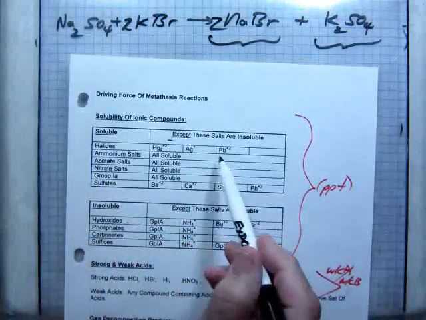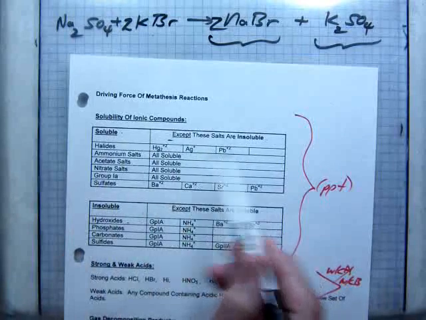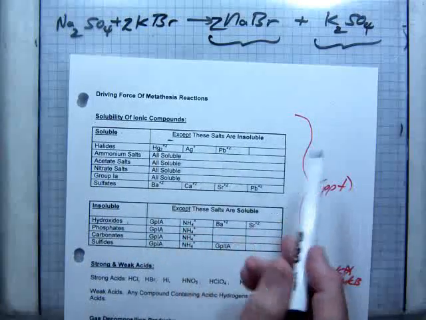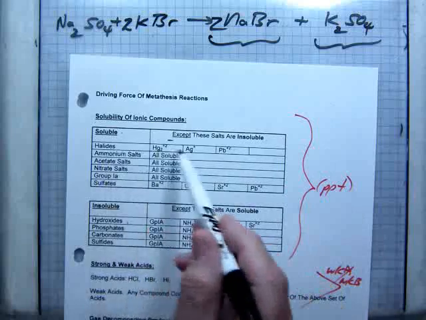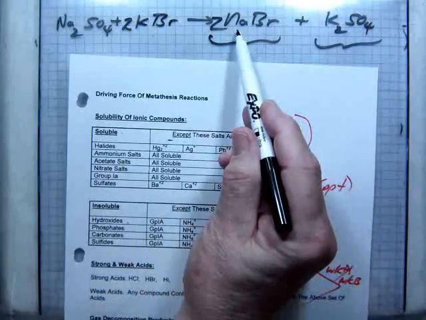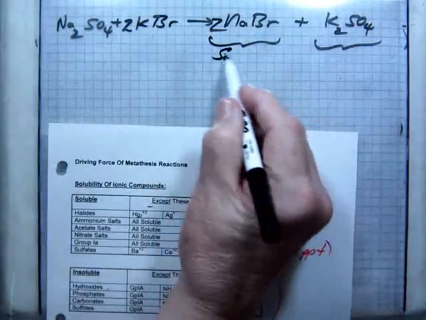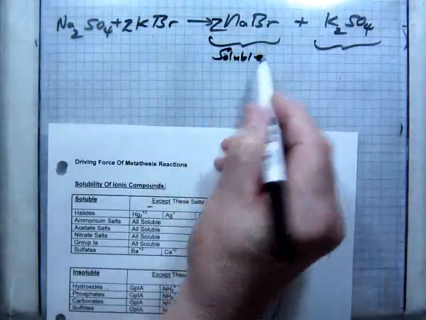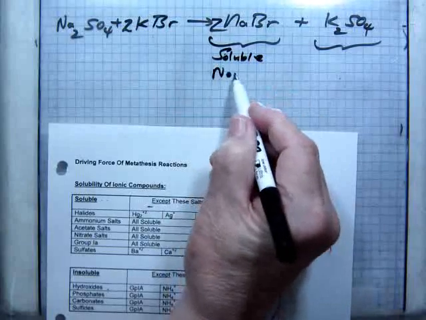I call these the happy halides, HAP: mercury, silver, and lead. Does this say mercury, silver, or lead? No. So sodium bromide is soluble and therefore not a driving force.